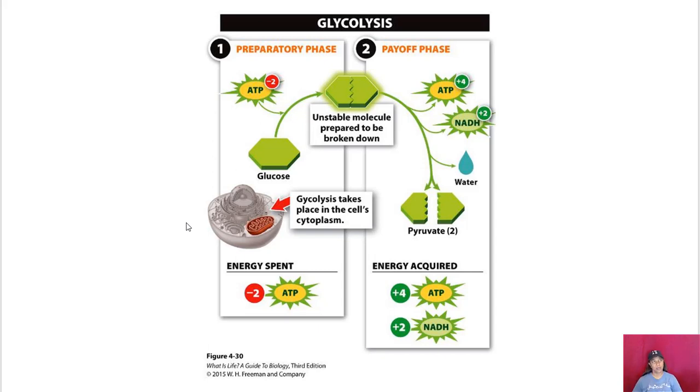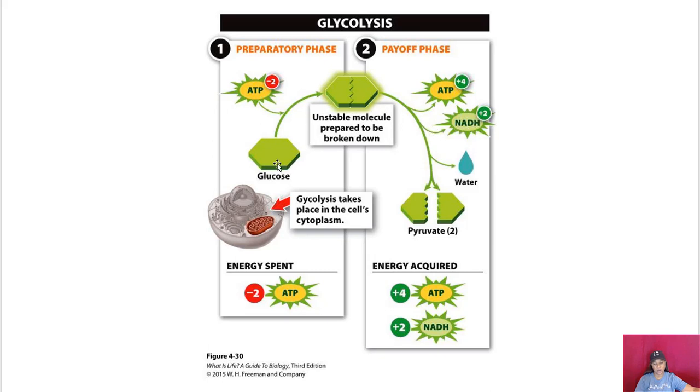And so what glycolysis is basically, you're taking a glucose molecule and you have to use some energy in order to break the glucose molecule into pyruvate. Okay, break a bond, get energy, so we get out ATP. And we also get out a high energy molecule called NADH.